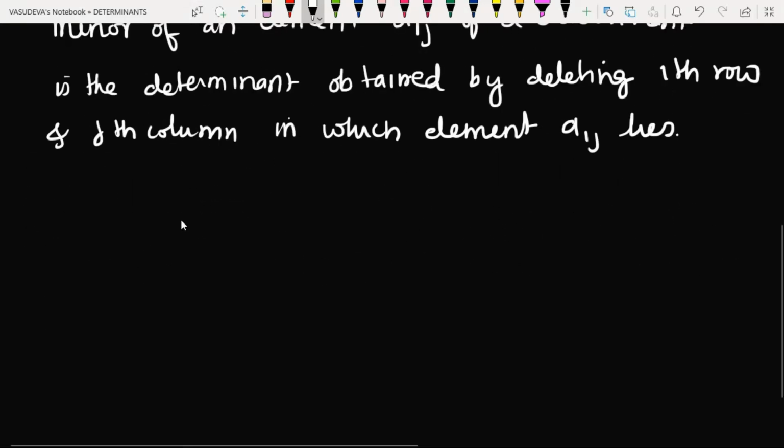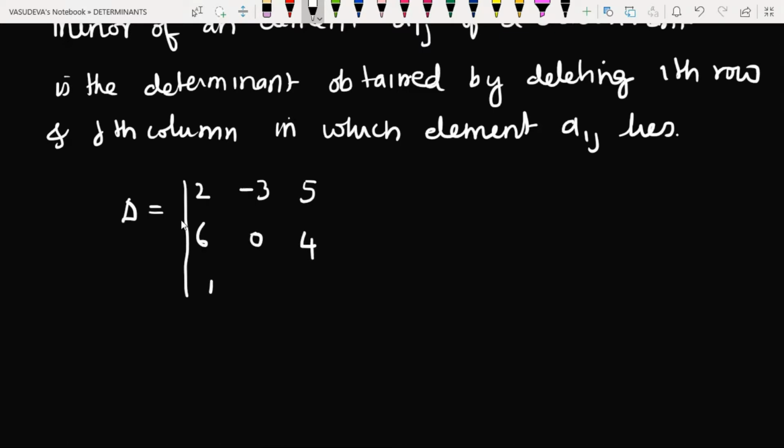So now suppose we take del as the determinant 2, minus 3, 5, 6, 0, 4, 1, 5, 7. Let's take it as a problem. If del equals this, find the minor of 0.